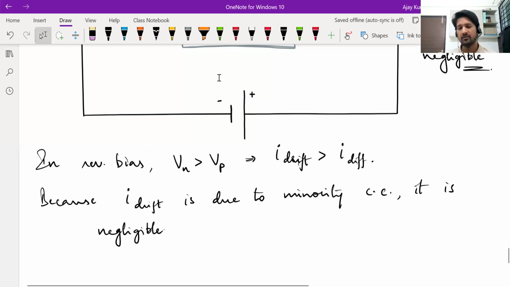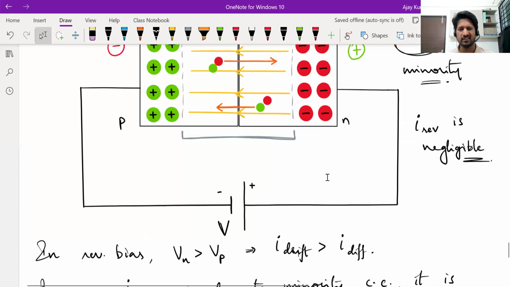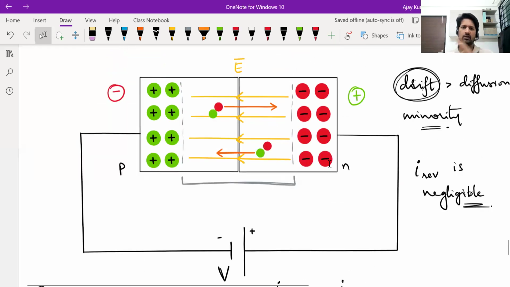Even if you increase this reverse bias voltage, you won't see a significant increase in current. There will be a slight change, but it will still be very small compared to the forward bias current. So in an ideal case, you can say the reverse bias current through a PN junction is zero. In a real case, it will be in microamperes. A very, very small current will be there.